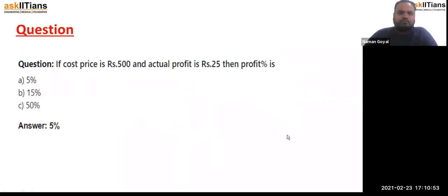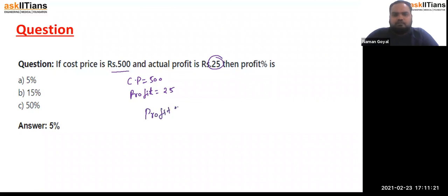Next is, if cost price is rupees 500 and actual profit is 25 rupees, then find the profit percent. We know that profit percent is profit upon CP into 100, isn't it?